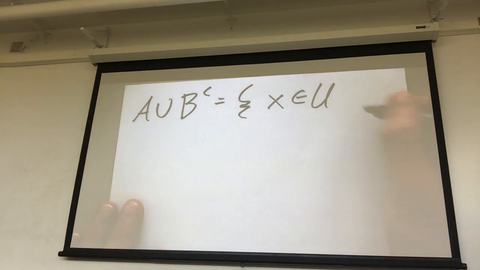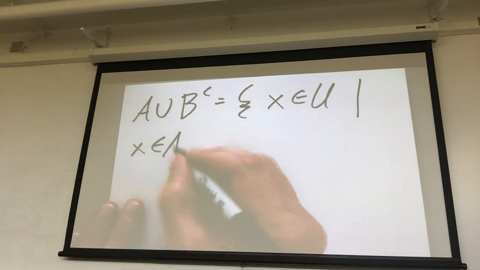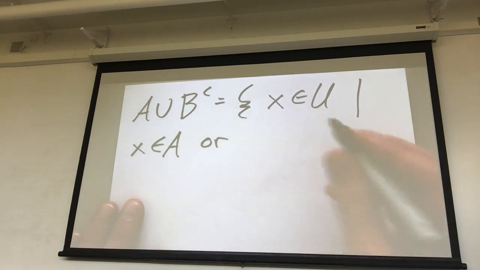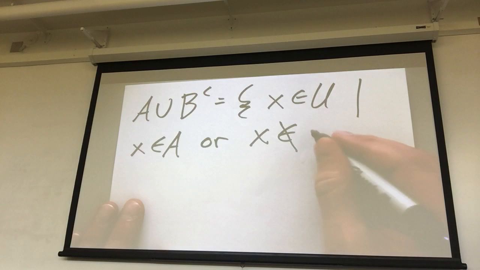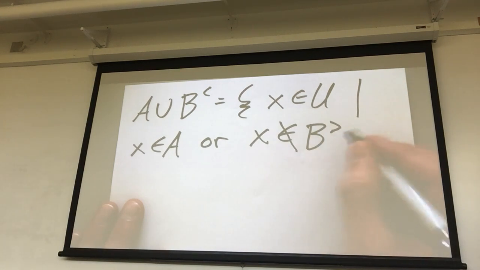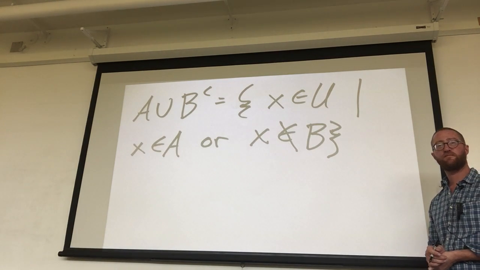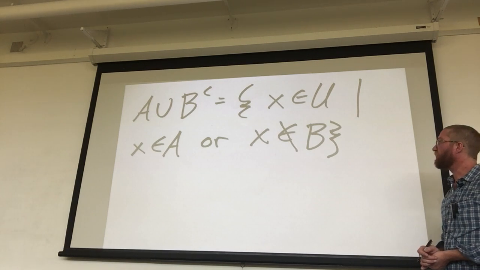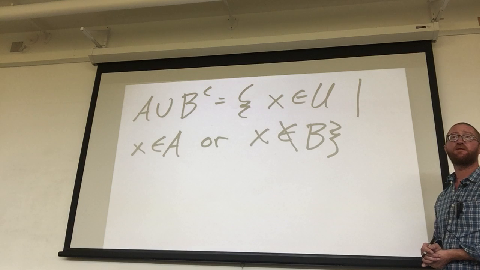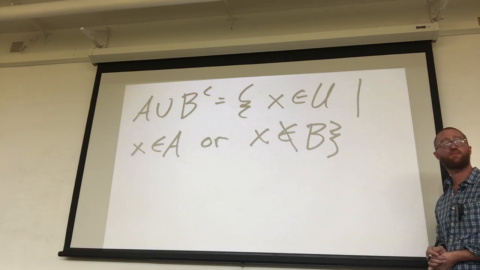X is in U such that X is in A or, so A union the complement of B. Let's try to draw the diagram for this one.